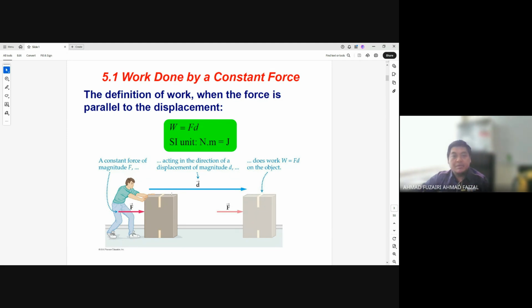The displacement is along the x-axis, and the force is also along the x-axis. So you can say F dot D, force times displacement, you get the work. But not just that.